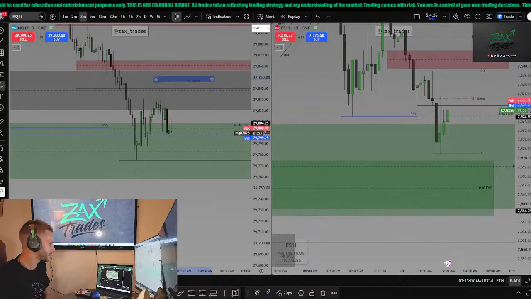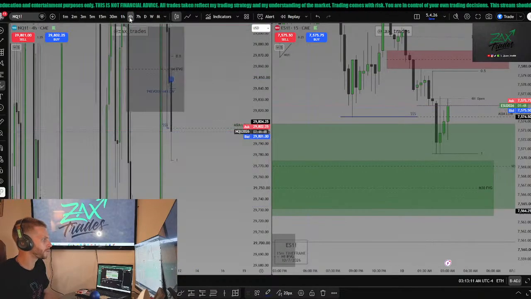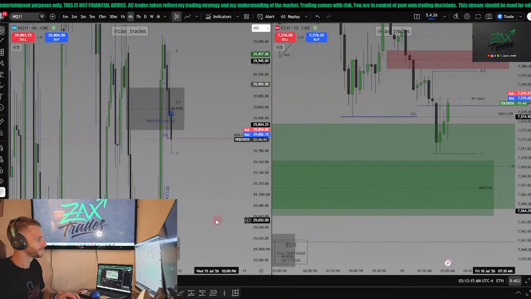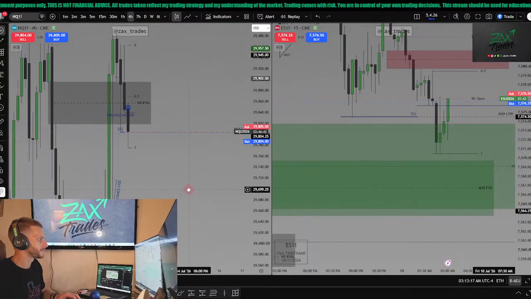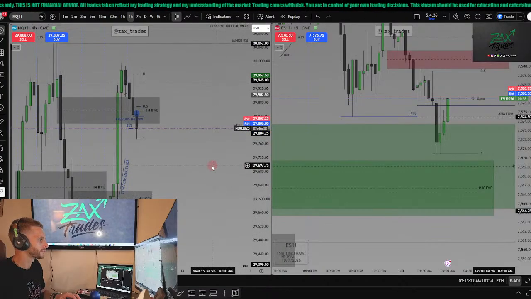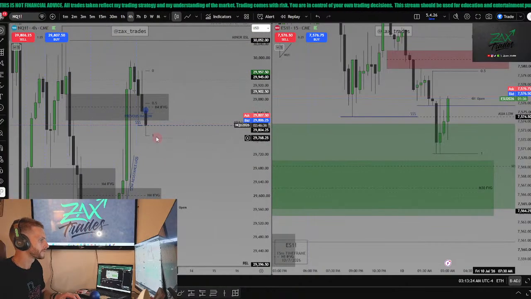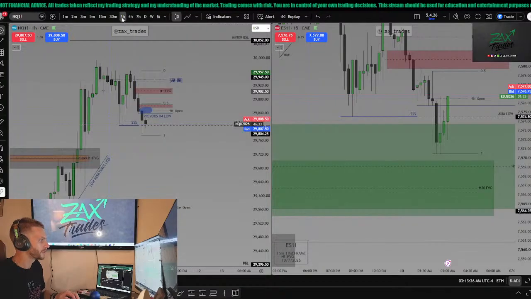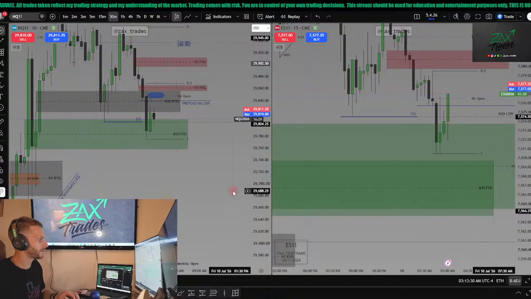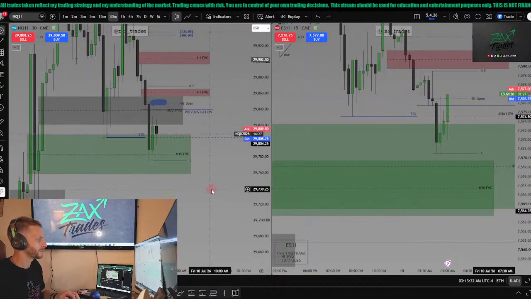So I'm just gonna let this kind of cook for just a minute, see how we shake out. Let's see, we're about an hour and 15 minutes into the 4-hour candle. About 2 hours and 45 minutes left on it, so plenty of time for this thing to flip back bullish.